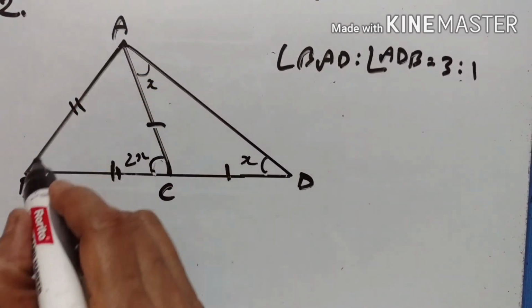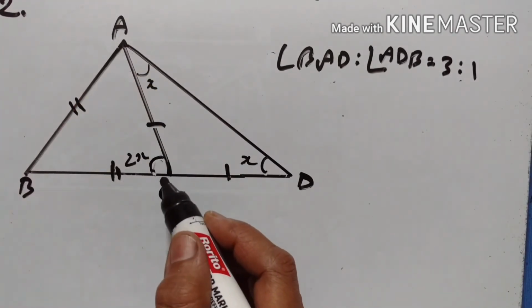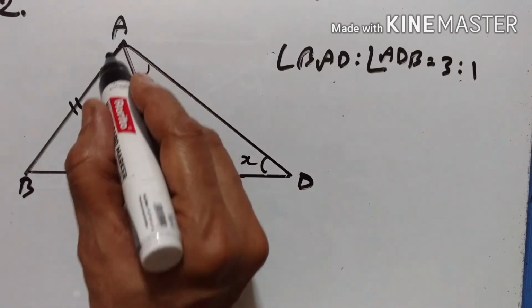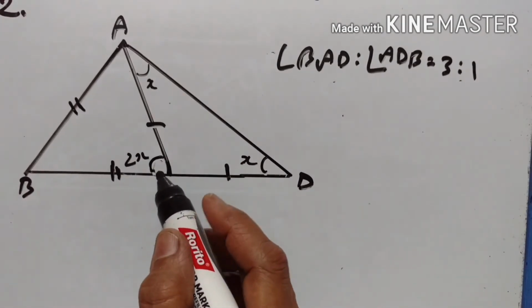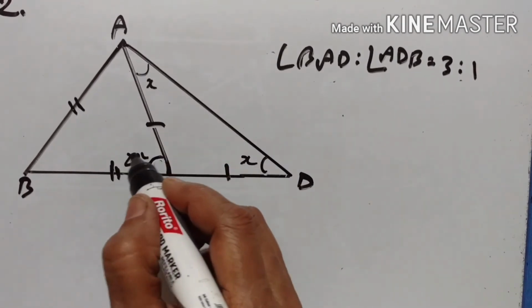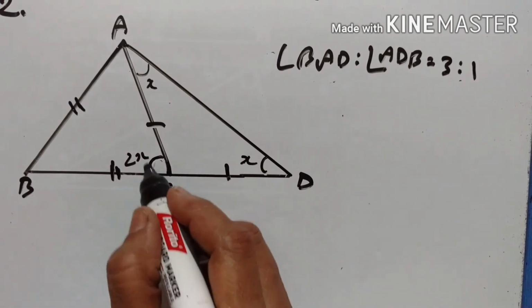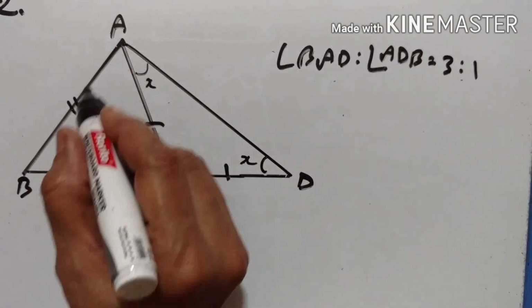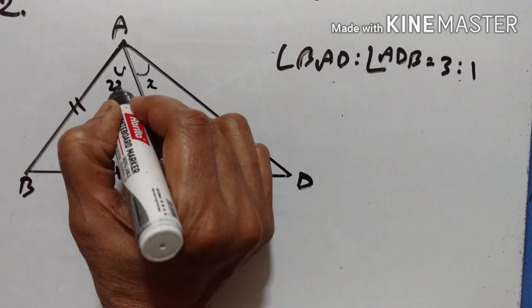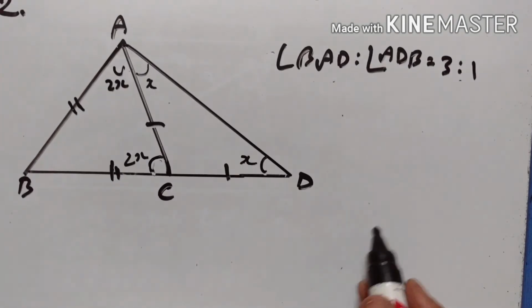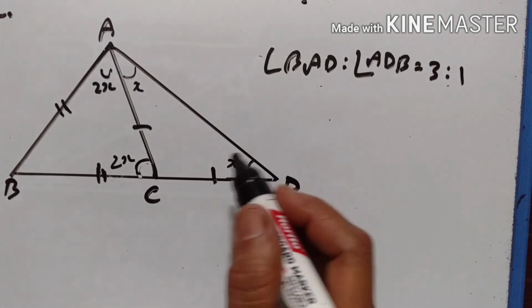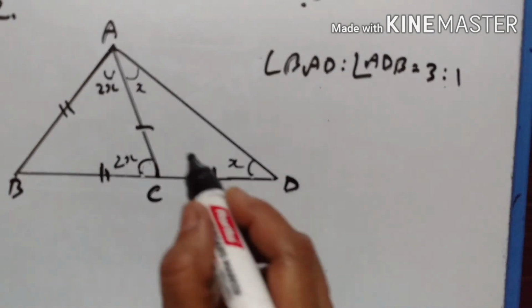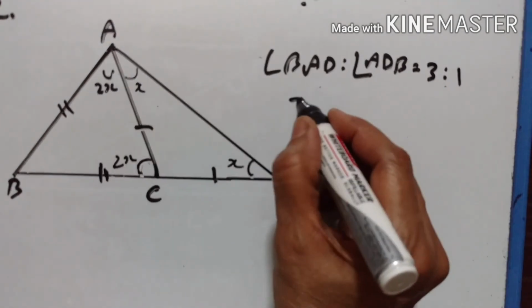Now triangle ABC is an isosceles triangle with side BA equal to BC. Therefore, angles opposite equal sides are equal. If angle BCA is equal to 2X, then angle BAC is also equal to 2X. Now you can see angle BAD is equal to 2X plus X, which is equal to 3X.